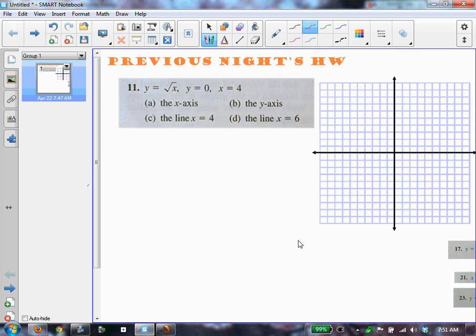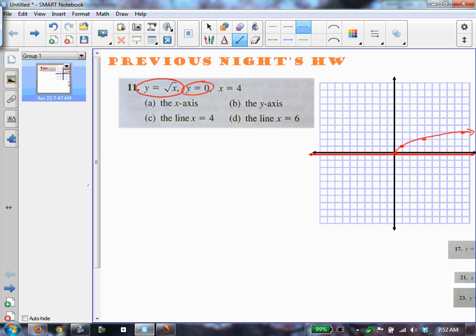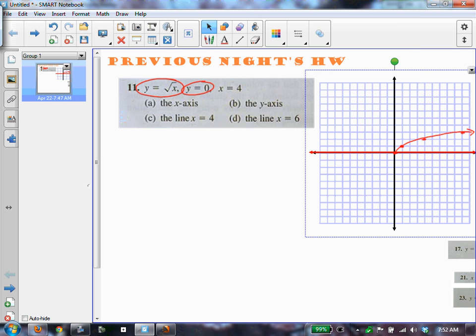All right, so what's this look like? Okay, and then this is the x-axis, and this is a vertical line at 4.